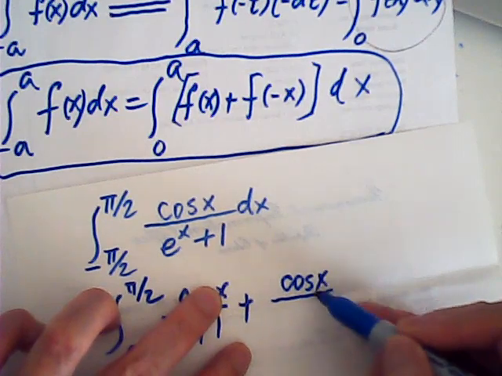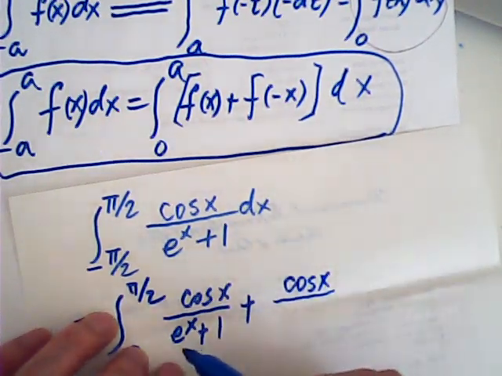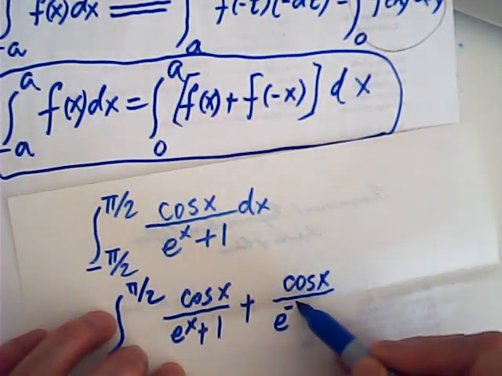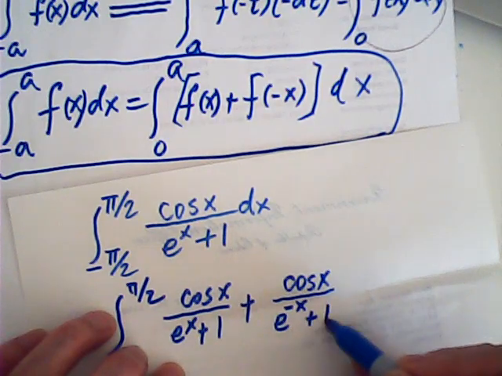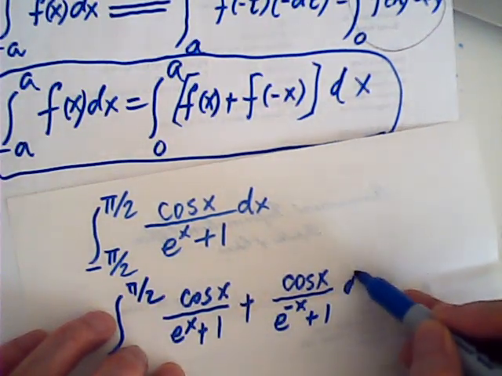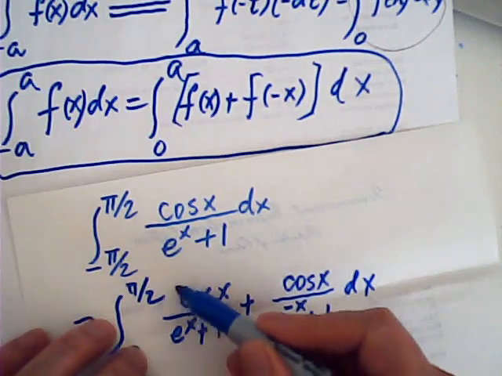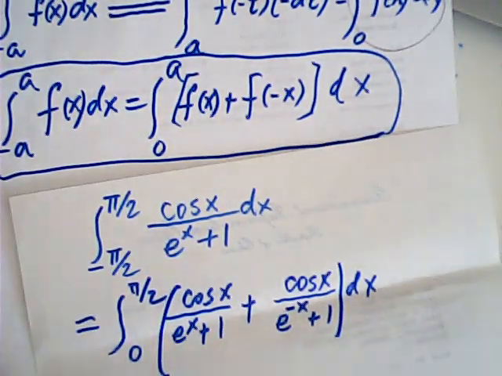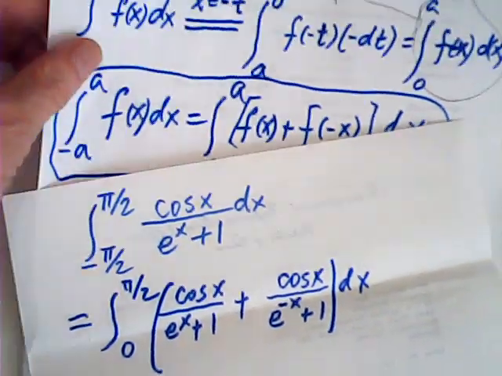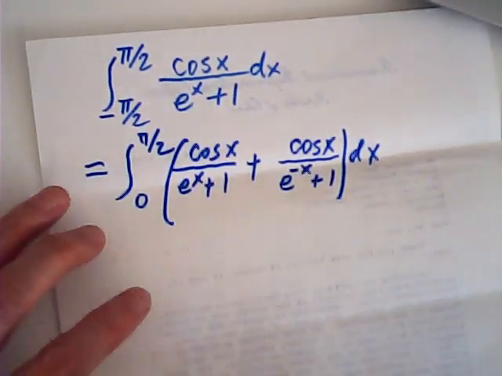So still cosine x, over e to the negative x plus 1, and dx, together. Okay, that's good.